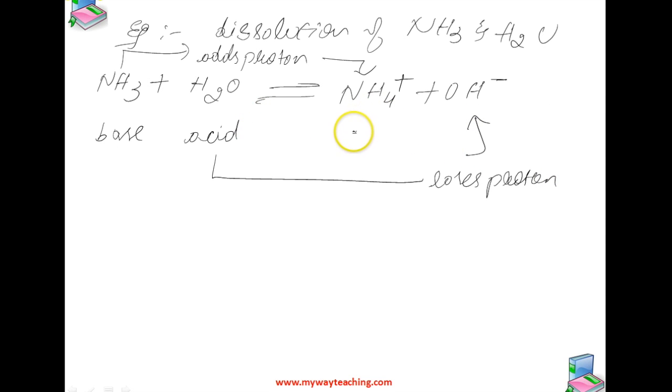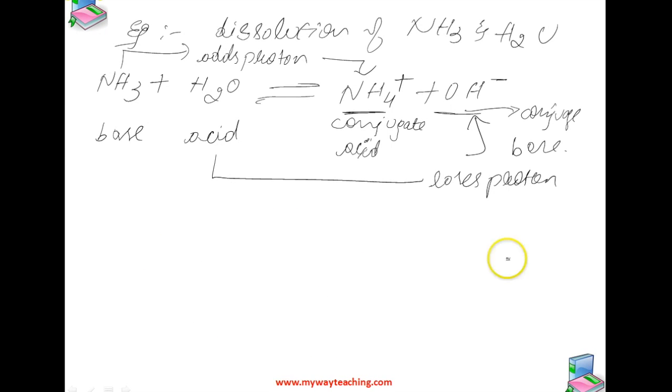This is conjugate acid, this is conjugate base. Okay, the basic solution is formed due to the presence of hydroxyl ions. In this reaction, water molecules act as a proton donor and ammonia molecules act as a proton acceptor. Thus they are called Lowry-Bronsted acid and base respectively.